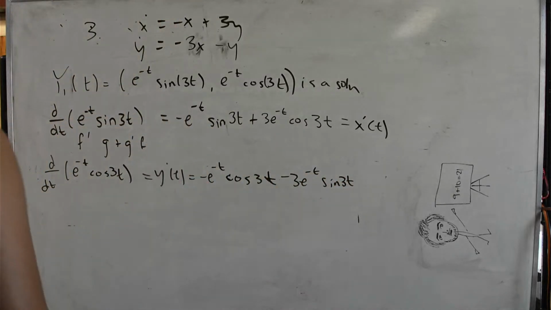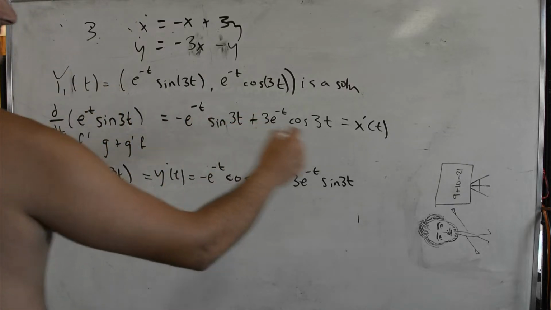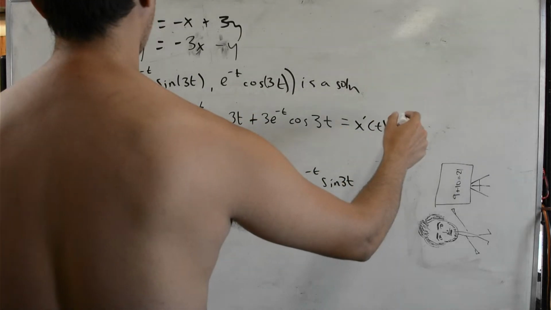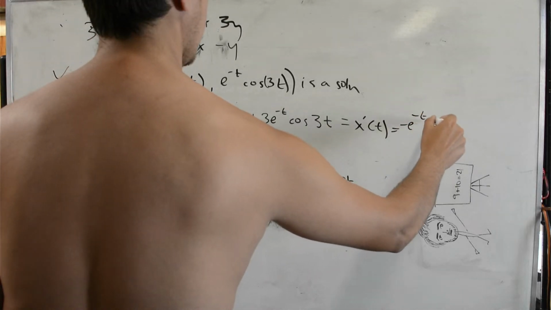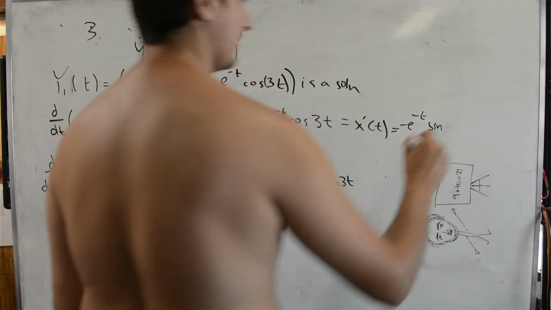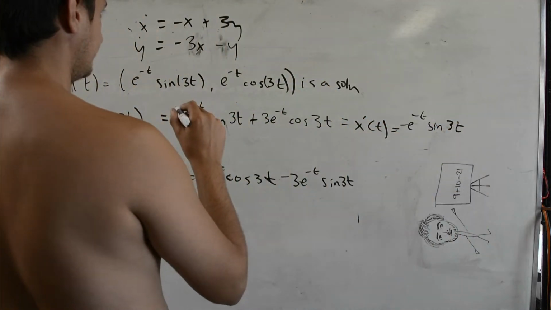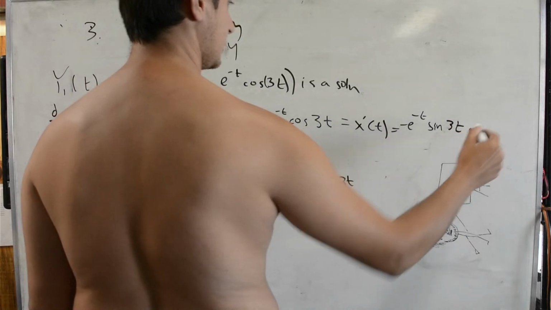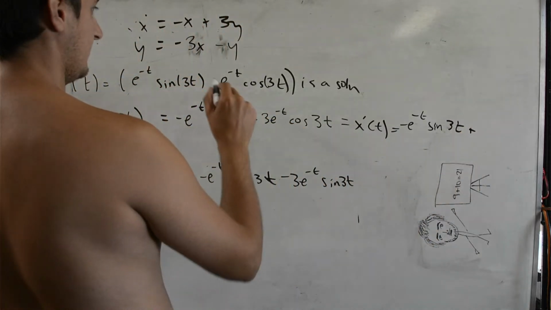So now what we can do is, this is equal to minus e to the minus t sine 3t plus 3 times this.